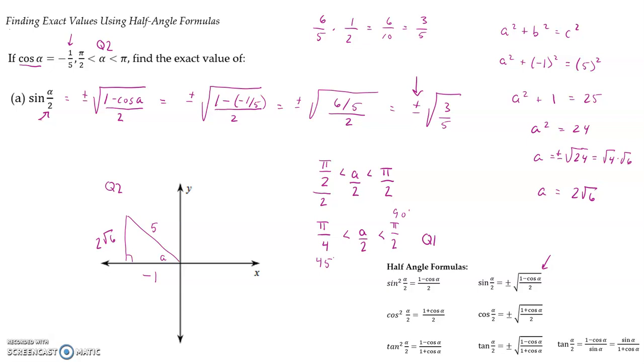And sine is positive in quadrant 1. So our final answer here, sine of A over 2, is going to equal positive radical 3/5.